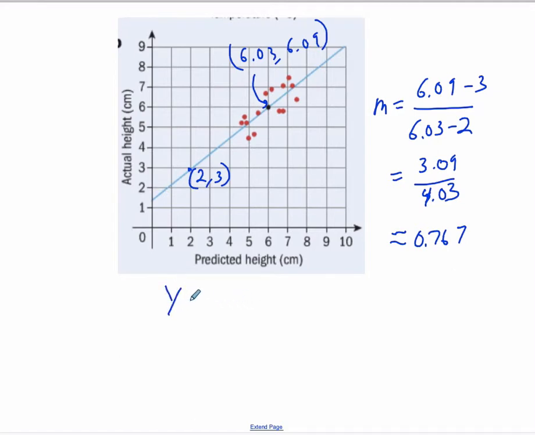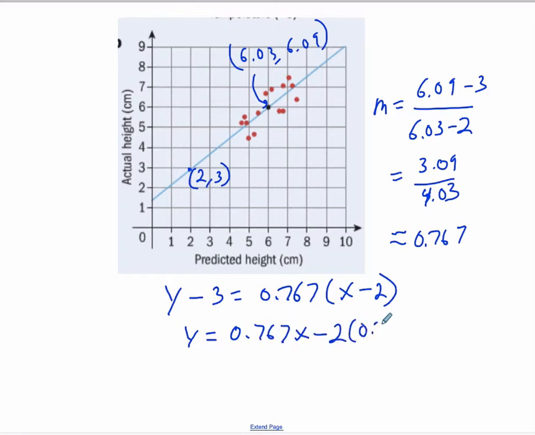So we have y minus 3 equals slope times x minus 2, point-slope form. And so y equals 0.767x minus 2 times 0.767 and a plus 3.